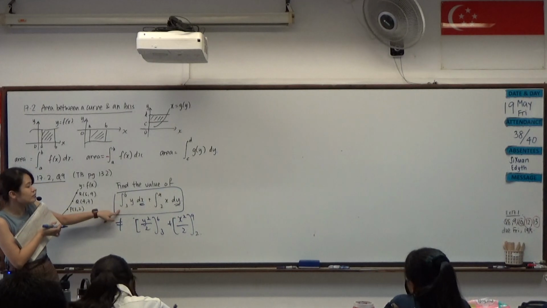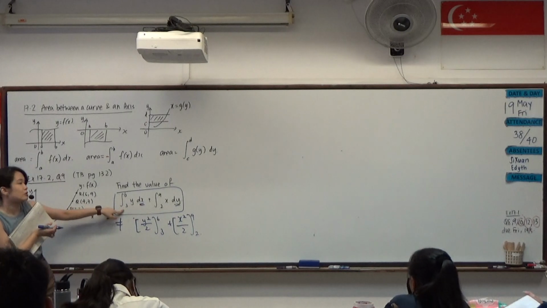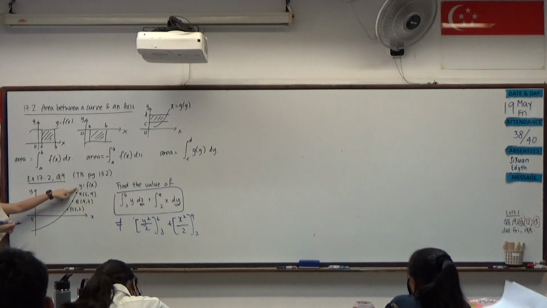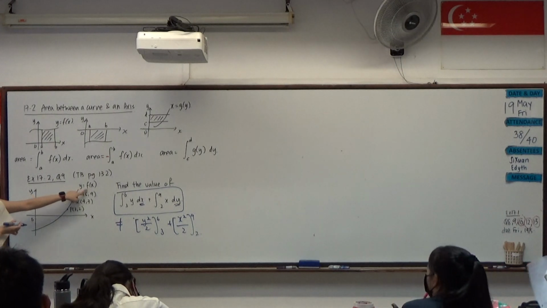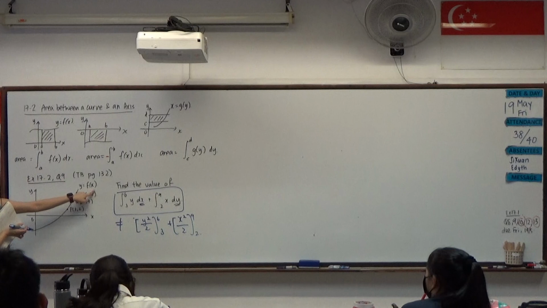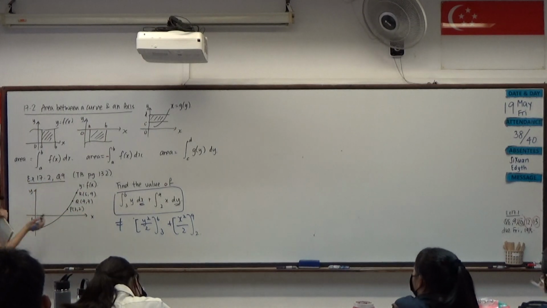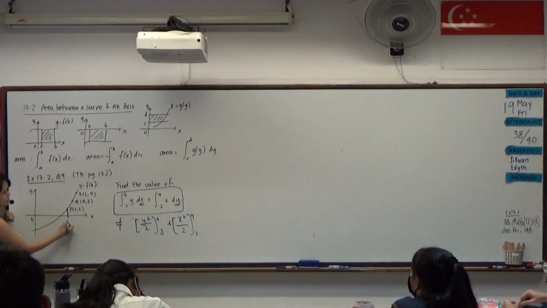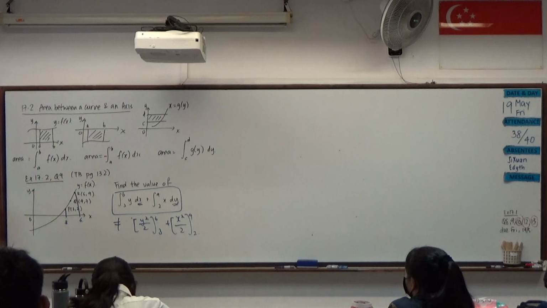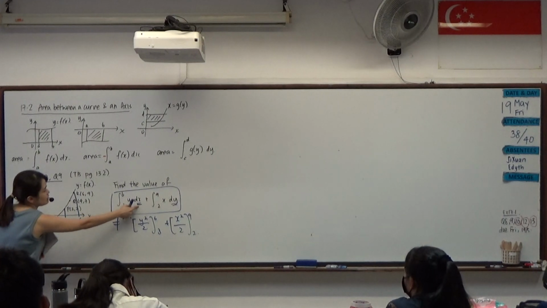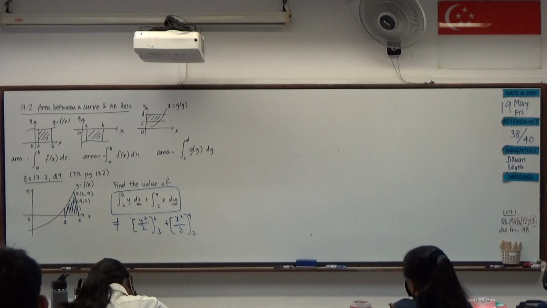Okay, so what it's trying to say is that when we want to integrate y with respect to x for the boundary 3 to 6, that is actually telling you that we're trying to integrate this function y, which can be expressed as f(x), but we do not know what is f(x), from 3 to 6. So that means that our boundary x is 3 over here, 6 is over here. Since you're integrating with respect to x, that is meaning to say we're trying to find out what is this area.